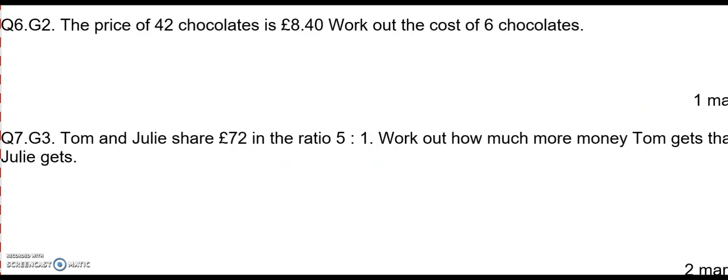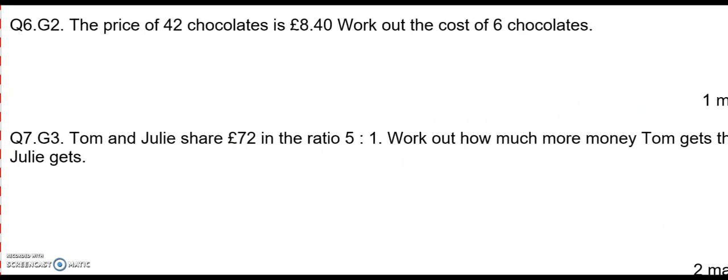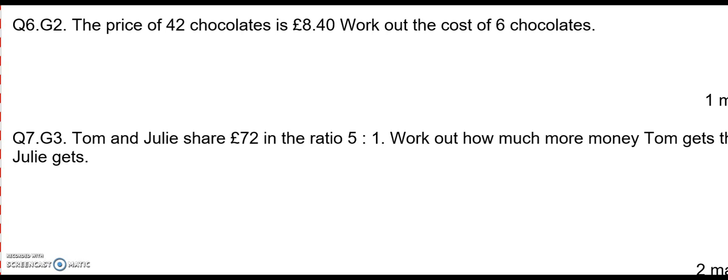The sixth question is asking, the price of 42 chocolates is £8.40. Work out the cost of 6 chocolates. So the ratio of chocolates to cost is this. So 42 to £8.40.